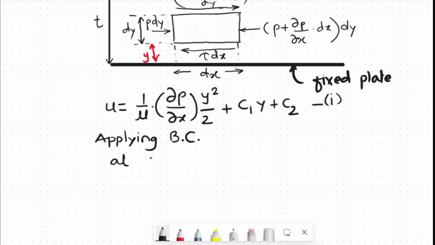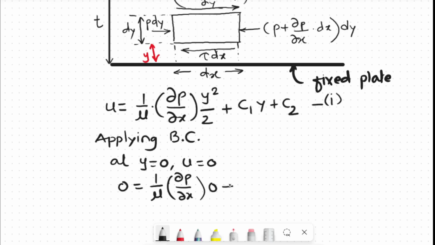Now at y is equal to 0, so at the fixed plate surface, the velocity u will be equal to 0. Hence, if we put this value, 0 is equal to 1 upon mu into delta p by delta x into the value of y which is 0, so 0, plus C1 into 0 plus C2.